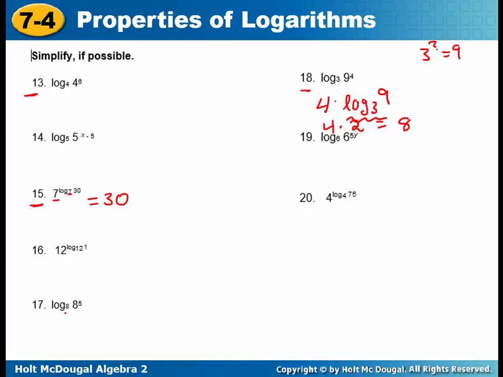For this one, let's put the 5 in front using the property log base 8 of 8. And you'll see that the log base 8 of 8 is equal to 1, because 8 to the what power is equal to 8? It's just 1. So even if you don't recognize that this is an inverse, you can still do the problem using the properties and you'll get the same answer. So those are actually kind of fun to do.